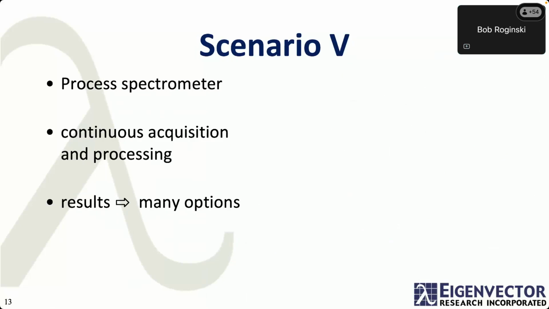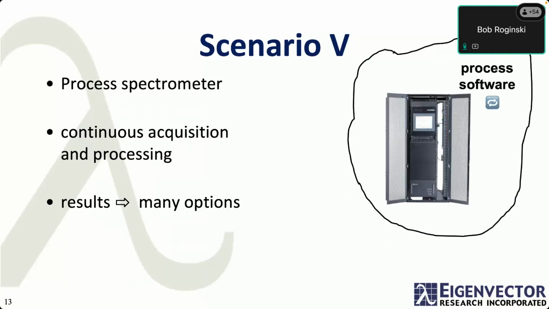Now we're graduating from the lab and putting a system out into the plant. We have a process spectrometer, and running that is process software, and the little emoji here is meant to imply that the data is being collected in a continuous fashion, and you have a known cycle for this process measurement.